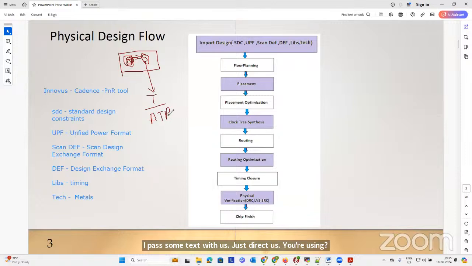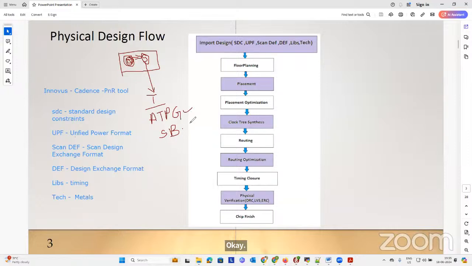These are some techniques. Or scan boundary. Using these techniques, we'll pass test vectors to my scan cells. Using these scan cells we will try to understand what the logic is or where the defect is in a particular block of my chip.